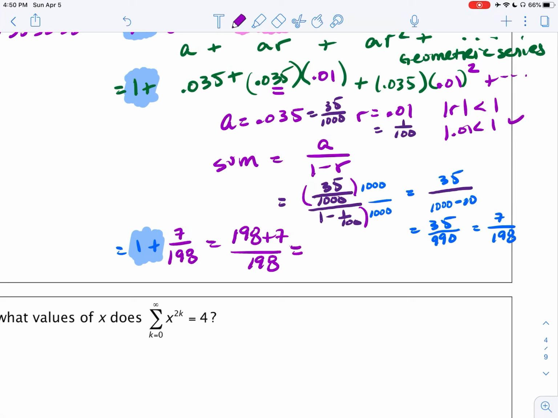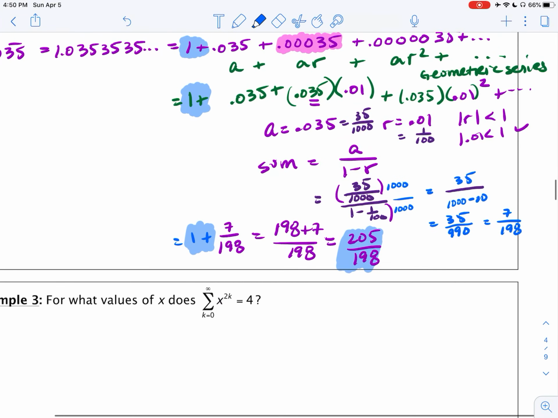And so I end up with 205 over 198. Good. And we should be able to verify that on a calculator.